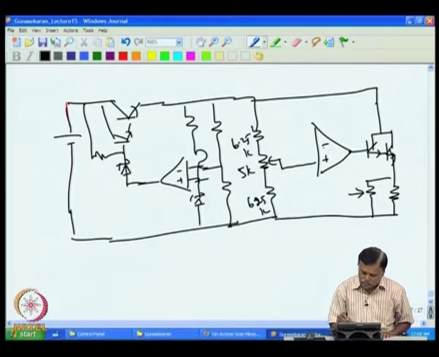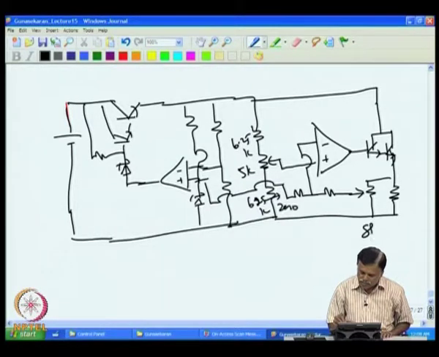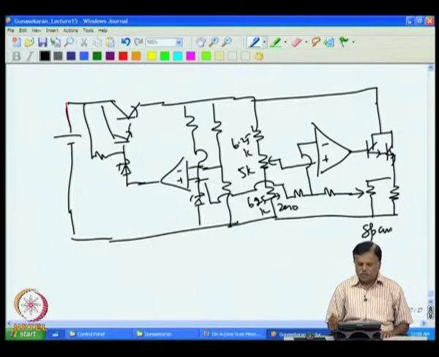This is given as feedback. This was used as a zero adjustment, and this is used as a span adjustment. So, this is the current transmitter which we were discussing.